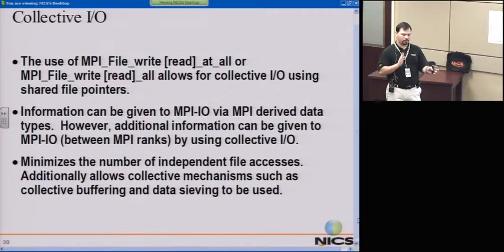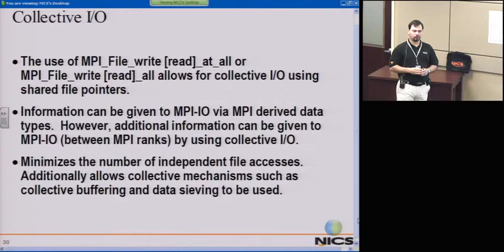So let's say we had a file on a disk and we have several processes trying to access information in the file. They can do this at different times, so the disk might have to jump from the back of the file to the front of the file as these processes, in not synchronous order, try to access data.